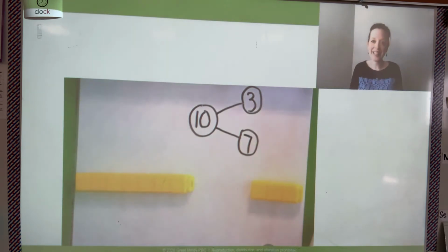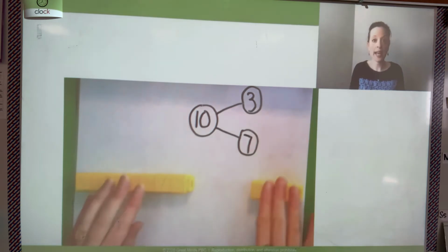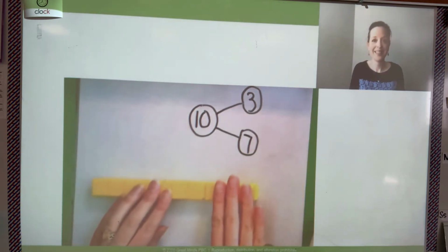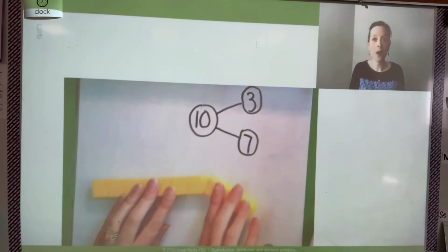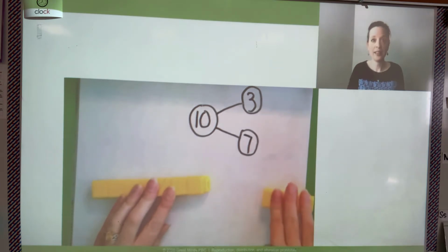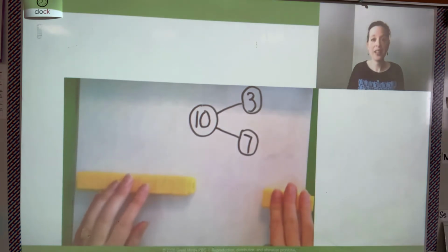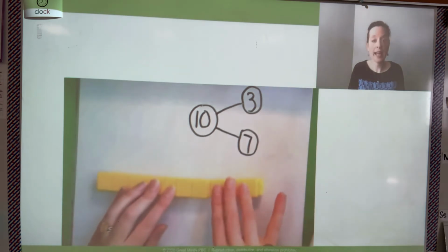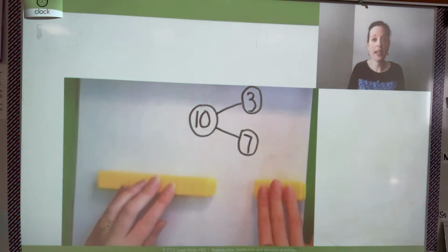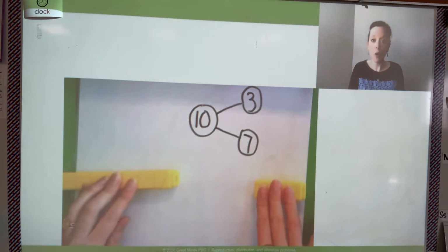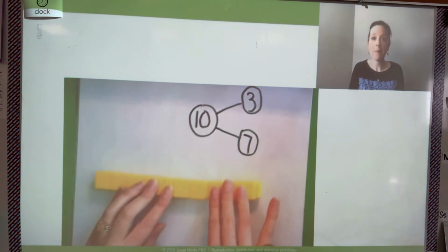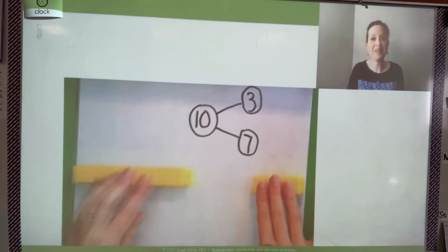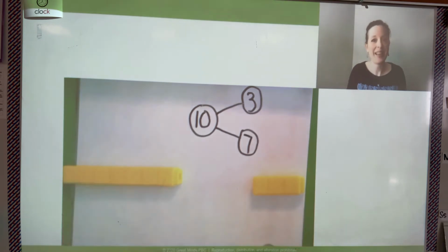Good, friends. We started with 10 cubes. We broke off 3, and we have 7 cubes left over. So we could say 10 take away 3 is 7, or 10 minus 3 equals 7. Let's write that down. So let's get our marker.